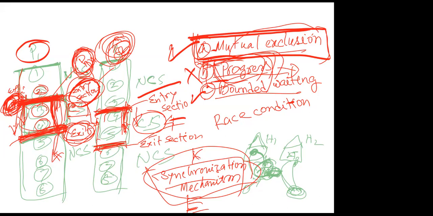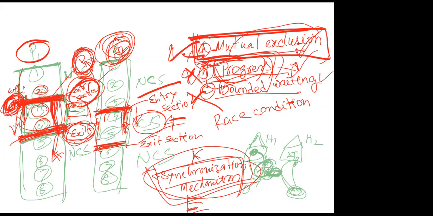Some algorithms don't fulfill mutual exclusion, only fulfill progress, and also don't fulfill bounded waiting, so that is also not a good algorithm. A good synchronization algorithm should fulfill all three criteria.